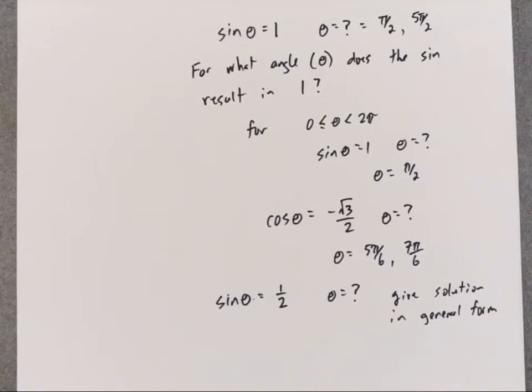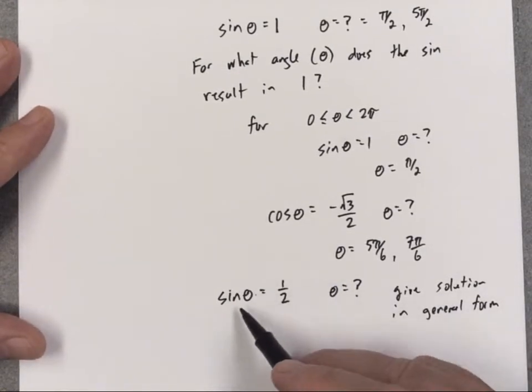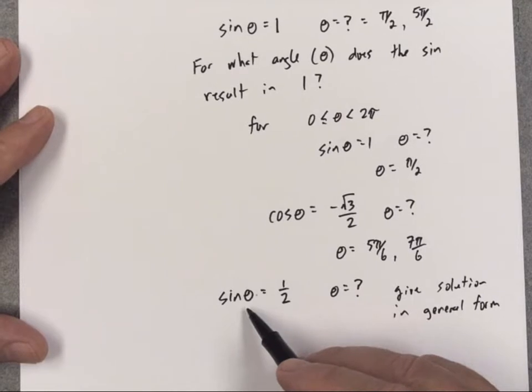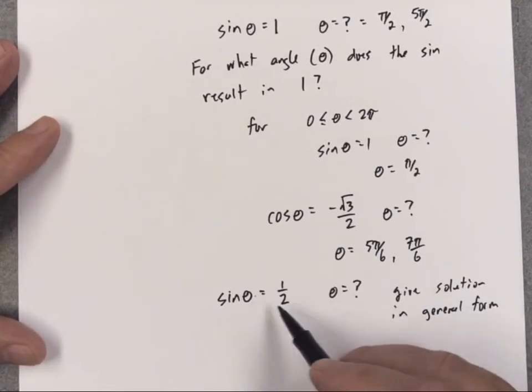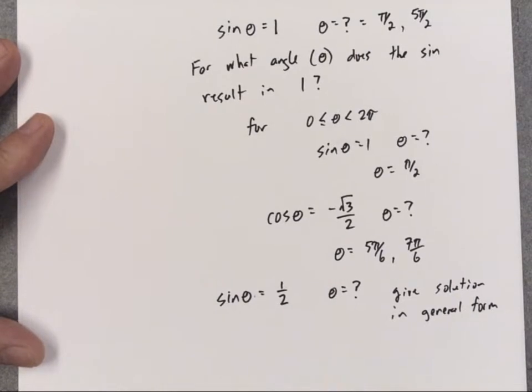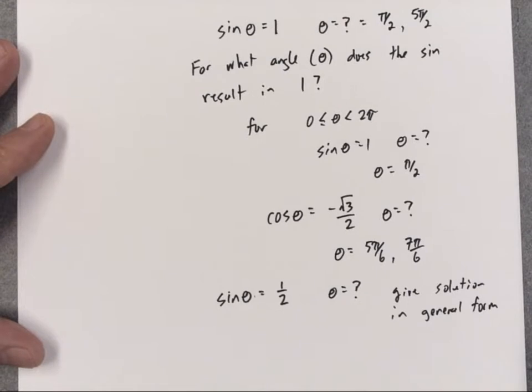All right, here's how we do that. Let's first go find the first angle that we can think of, the smallest angle where the sine of theta is 1/2. So let's find an angle that when I take the sine of that angle, it's 1/2.